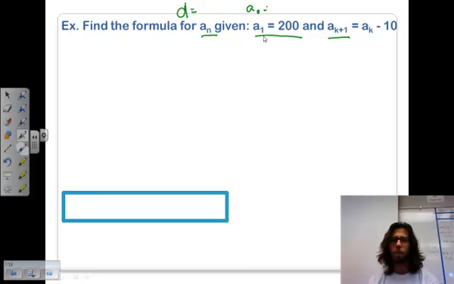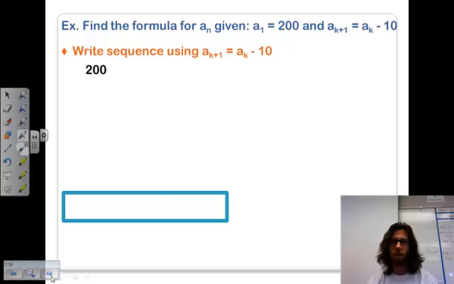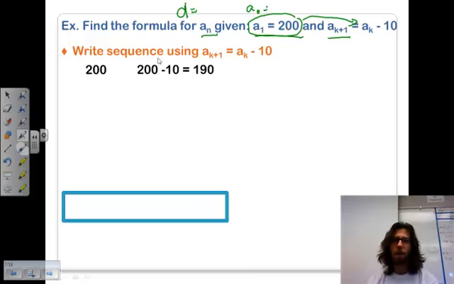Now, I'm looking at this, and I'm saying, well, to find D, I just need 2 consecutive terms. Since I already know this, why don't I just make this A sub k? Basically, this is A sub 1, so if I make that A sub k, then what we end up finding is that A sub k plus 1, or in other words, A sub 2, since in this case k is equal to 1, is simply going to be equal to 190.